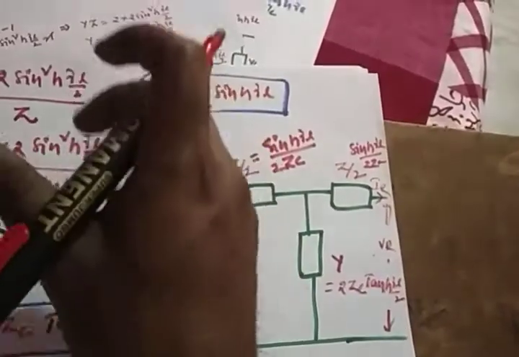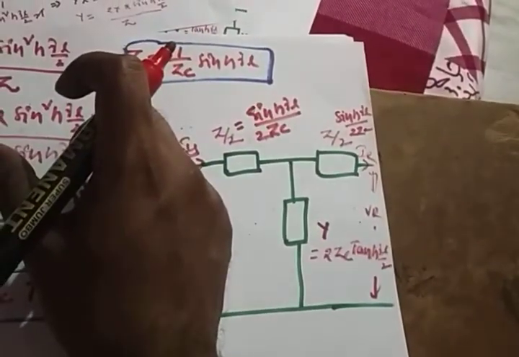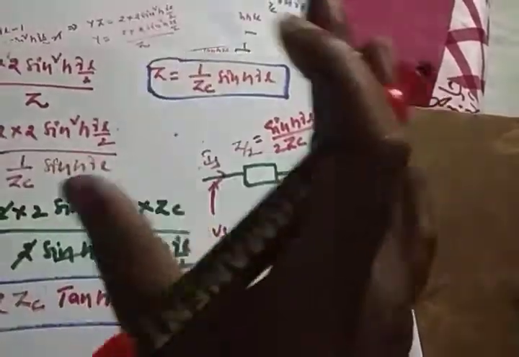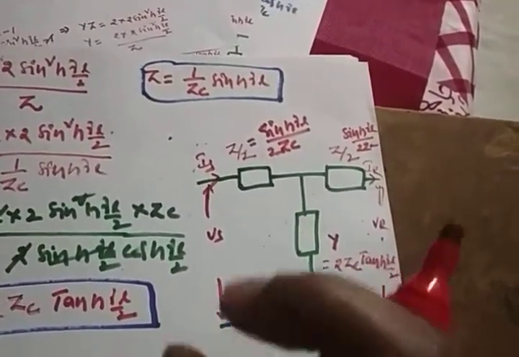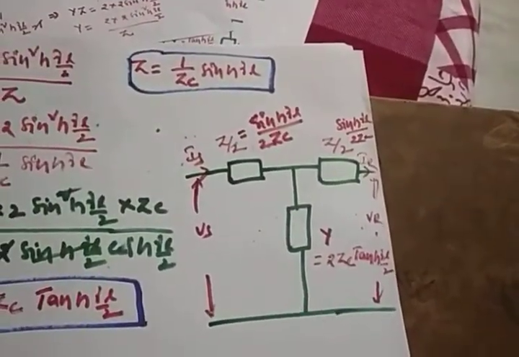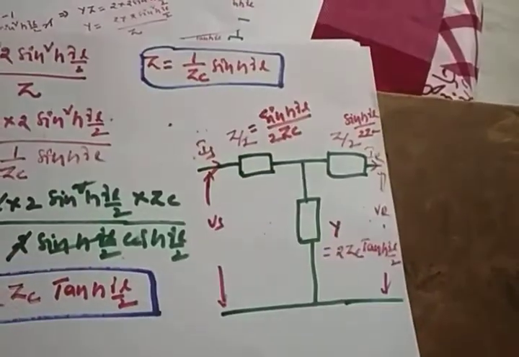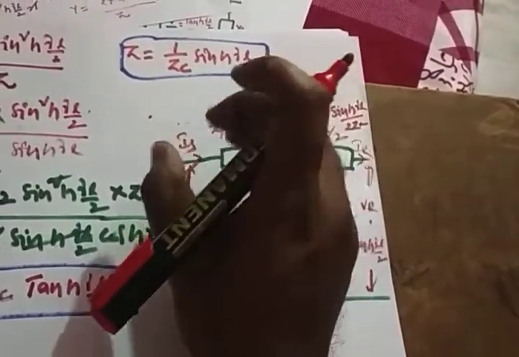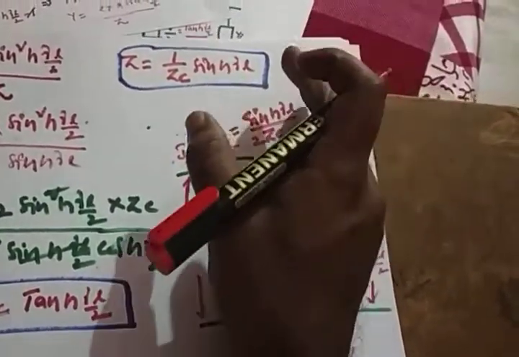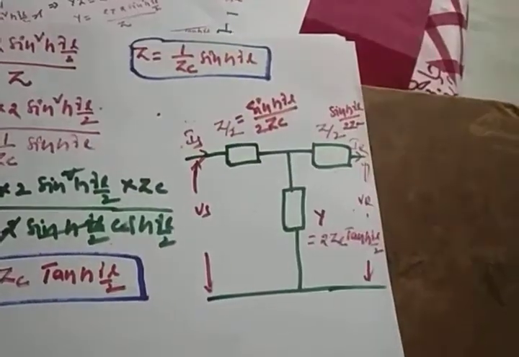Right? You know the ABCD constants for the long transmission line. Both are almost equal, because in the nominal pi method we are calculating a particular part. For a long transmission line, we are taking a particular part. You just compare, find out the value of z and y, and directly substitute in the model representation: z, y by 2, y by 2. You just substitute, you will get the representations.